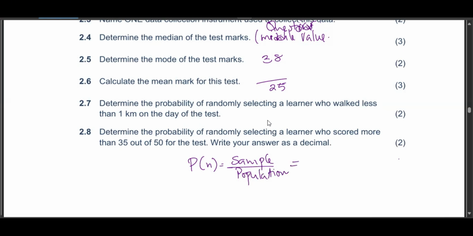So here the sample is learners who have scored more than 35. We've seen they were 9 out of 25, like 9 learners out of 25 learners.